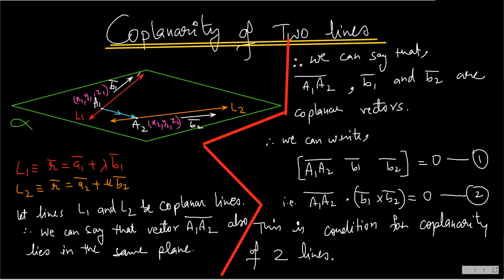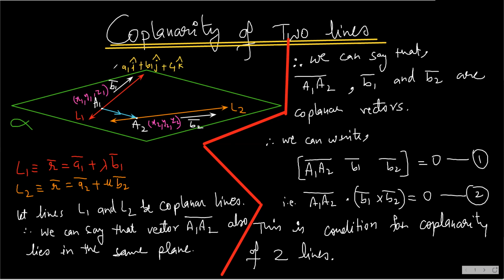Say this vector B1 bar is a1 i cap plus b1 j cap plus c1 k cap.